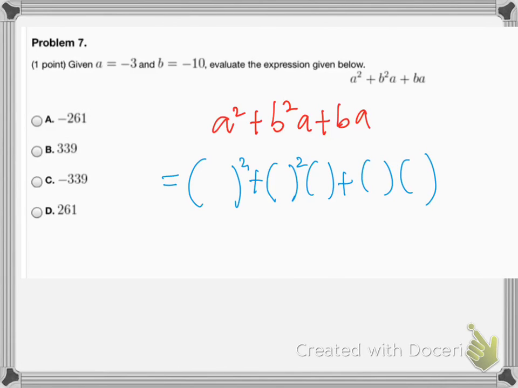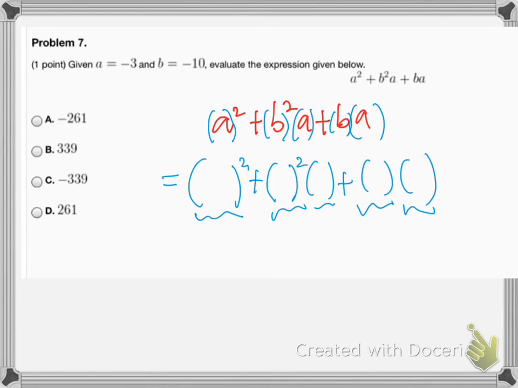So you see first a squared, so there's a parentheses for a squared, and then b squared, and then a, and then there's a ba, so b and then a. For every letter, you put parentheses.